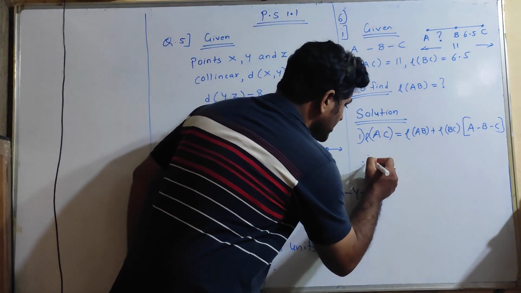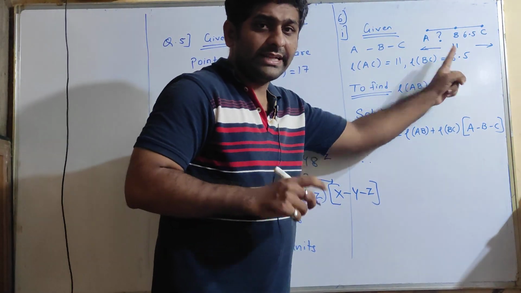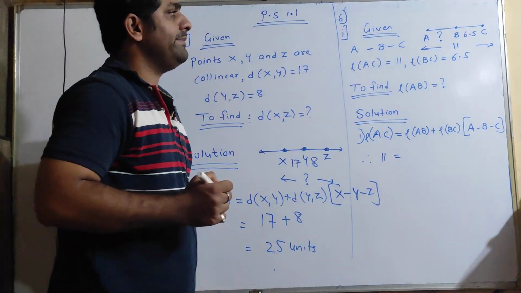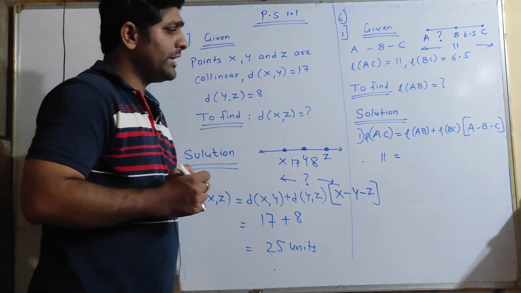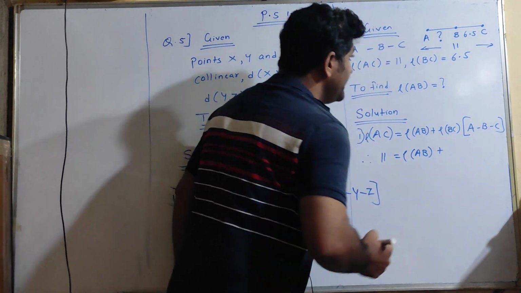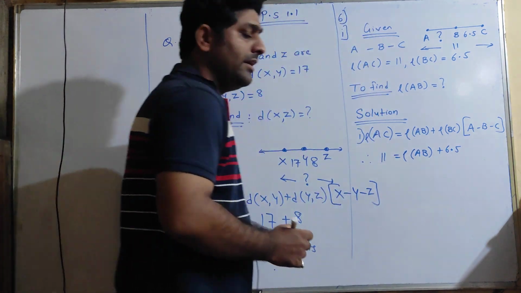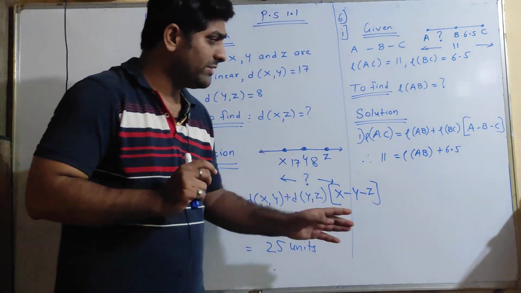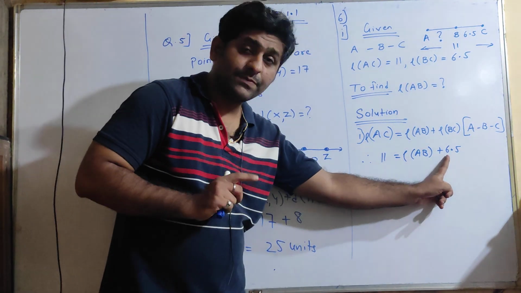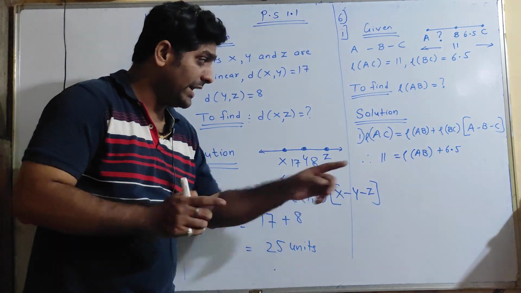Now let's substitute the value. Distance AC, according to the figure, it is 11. Let us substitute AB. Okay, AB we don't know, so write as it is, and BC. BC is 6.5. Now students, what are we doing? We are taking numbers on the same side. So this plus 6.5 goes on the other side, becomes minus.